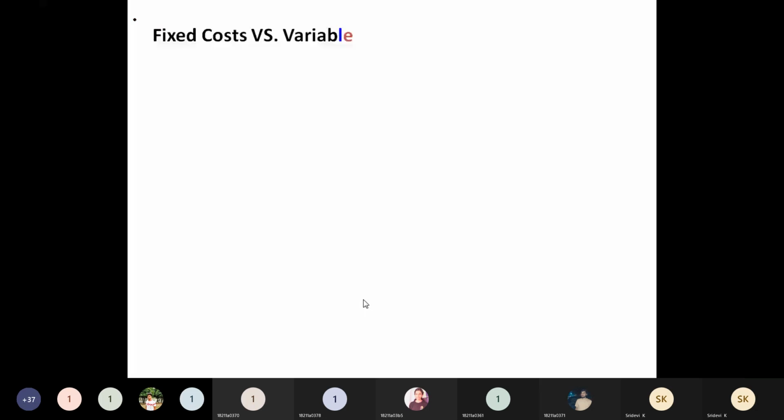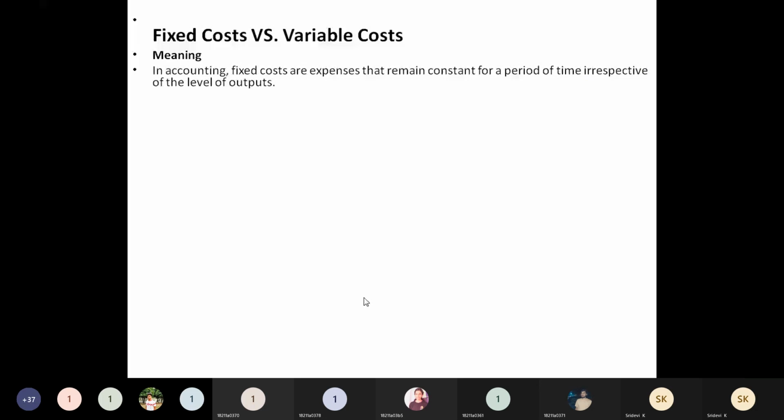Can you say what are the differences between fixed cost and variable cost? There is a difference in meaning itself. Fixed cost means those costs which remain constant for a particular time period, irrespective of output. Whatever output you are going to produce, it won't matter.